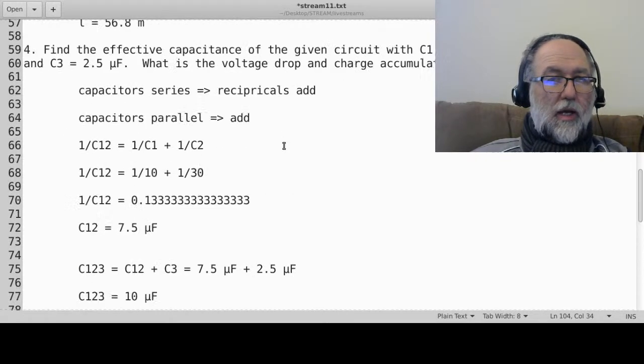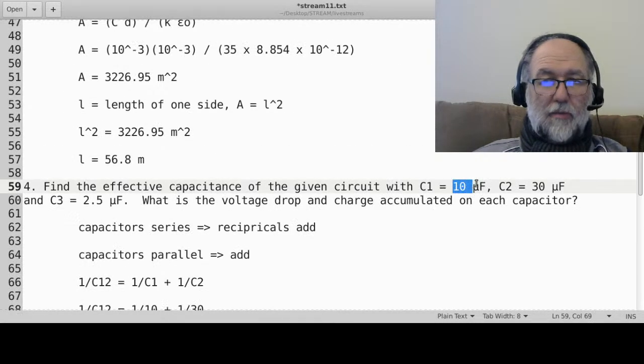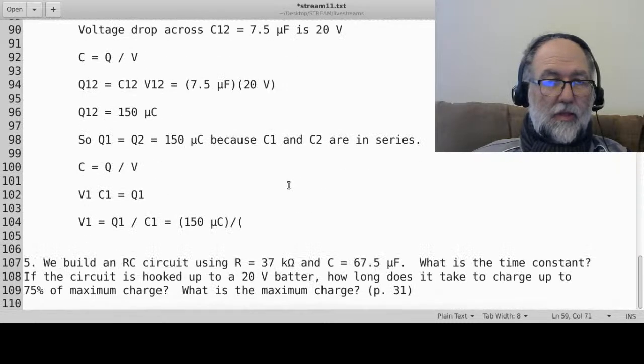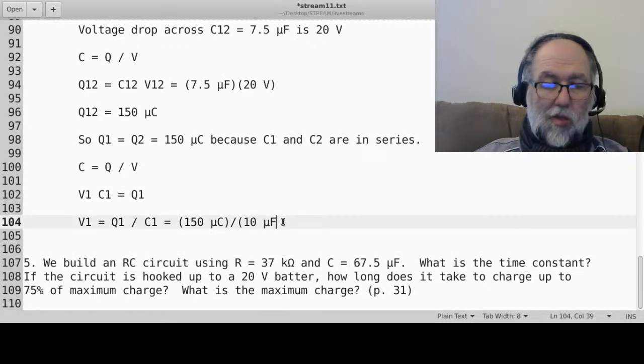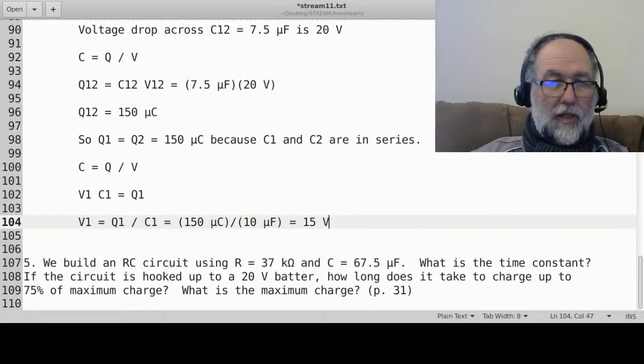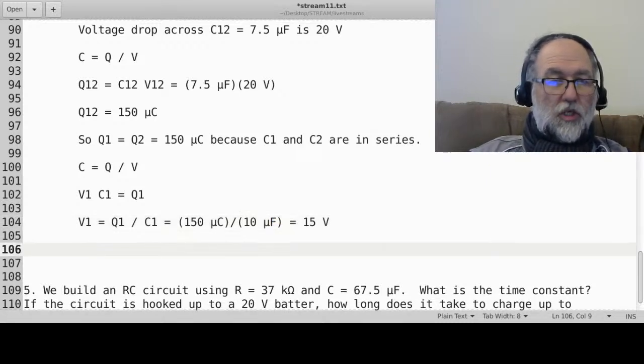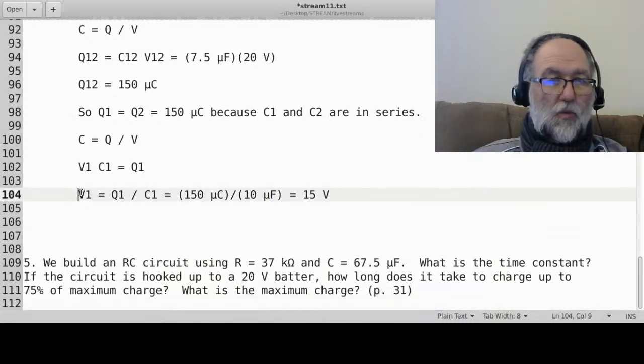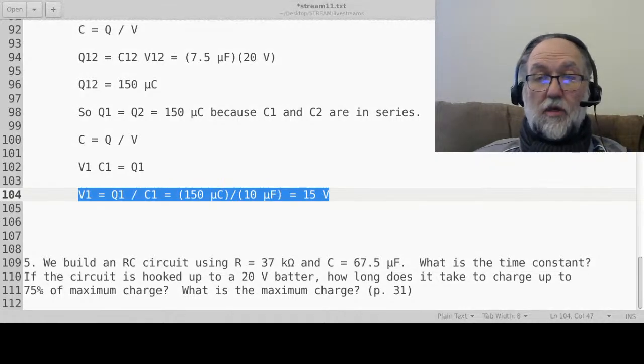And C1 was, let's make sure we get it right, 10 microfarads. And notice how nicely the micros will just cancel out. So you get 150 divided by 10, that's easy, you get 15. The micros cancel out, and then you get a coulomb divided by a farad, and that's a volt. So the voltage across C1 is going to be 15 volts.